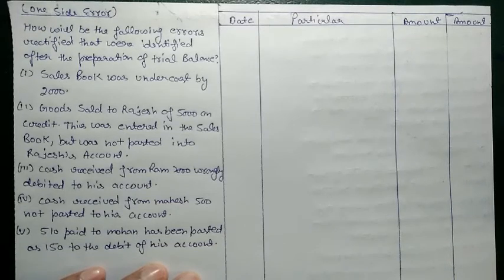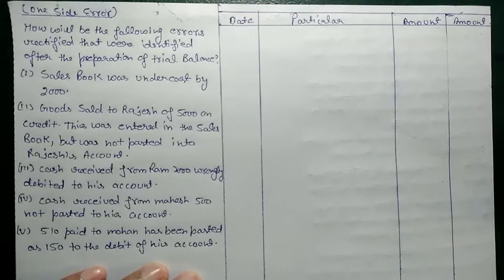So today we will discuss the first type of error, that is one-sided error. In case of one-sided error, these errors affect the trial balance, so we need to find the correct entry to rectify our error. So how will we rectify these entries, and what do we mean by one-sided error?